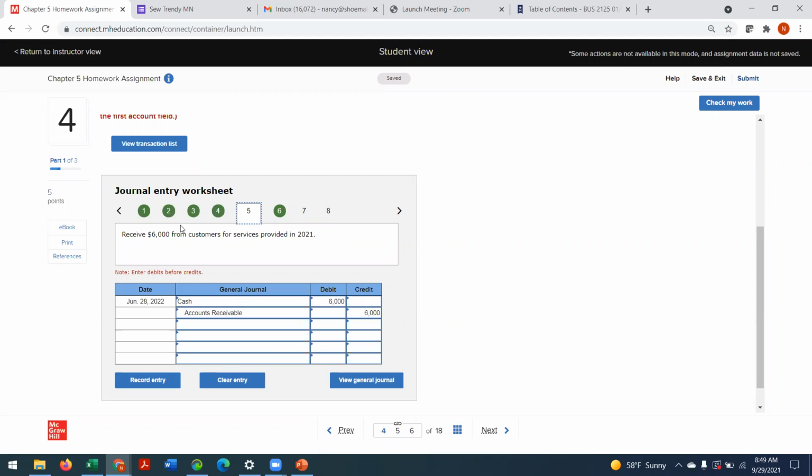Then it said, we received 6,000 from customers for services provided in 2021. Now this next one will deal with 2022.